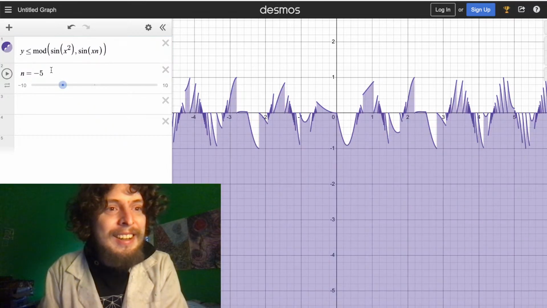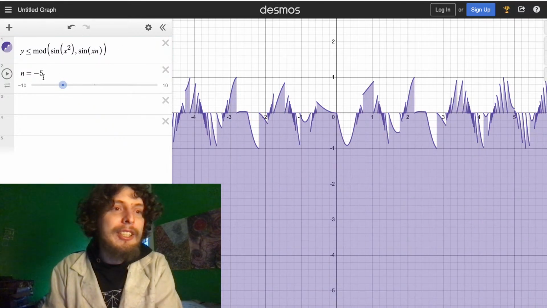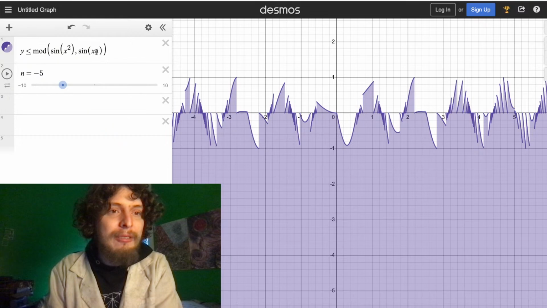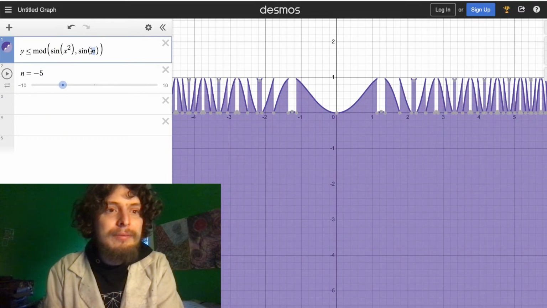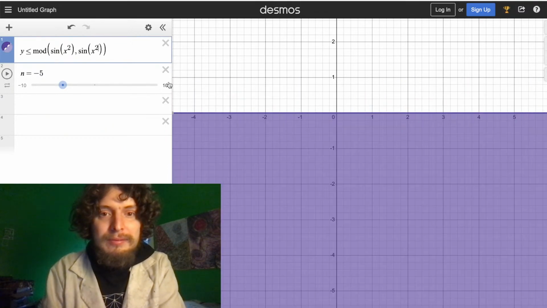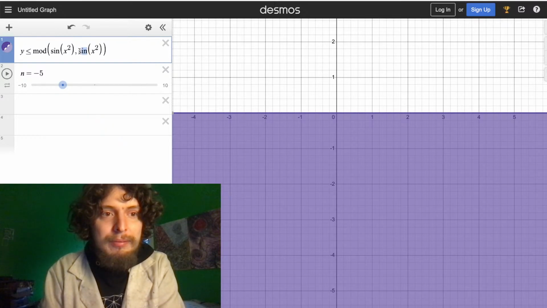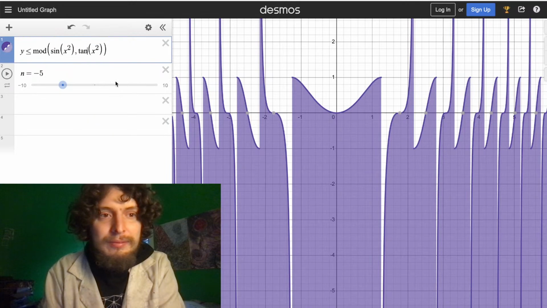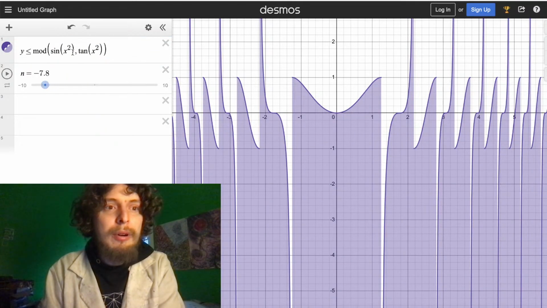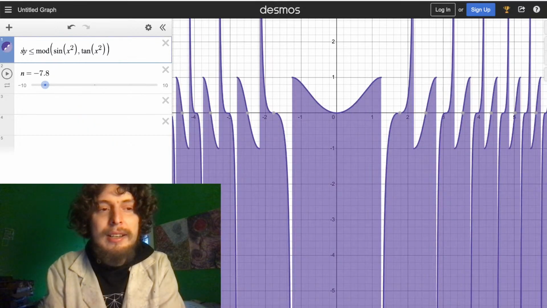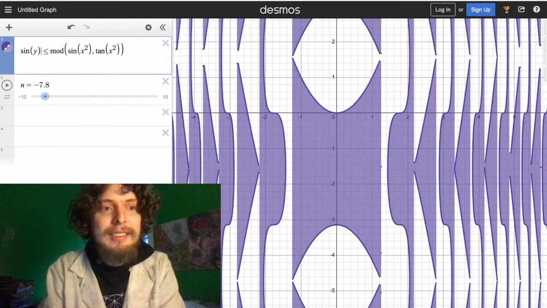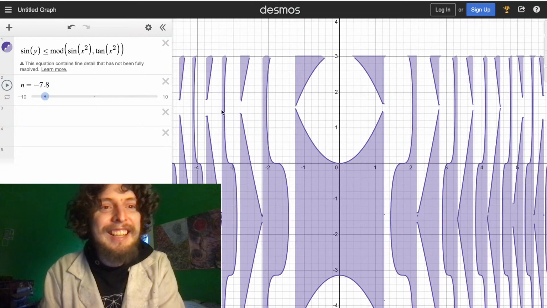This is trippy. The mod makes it have weird glitches like teeth in it, sort of. Oh no, I made them the same. Okay. Let's try one of our weird combos where we're like, sine of y is less than or equal to that.